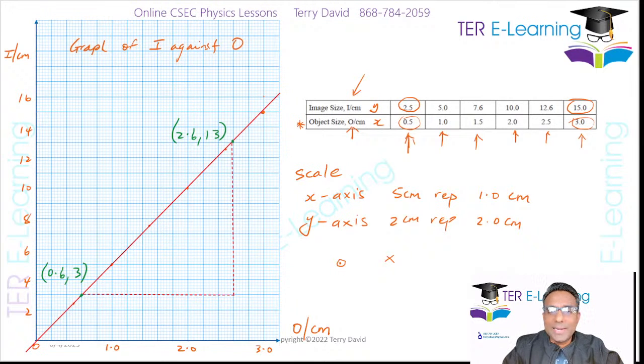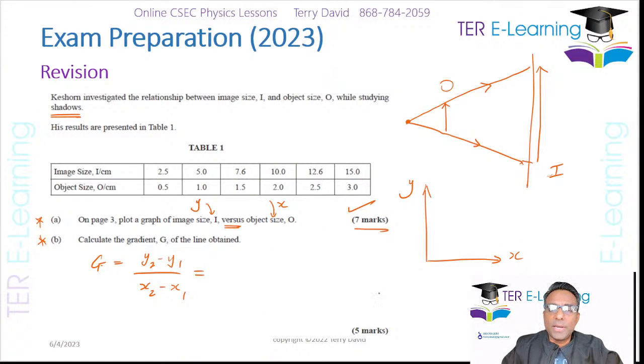So the 2 points that I have here are 0.6 and 3. Right, so we have 0.6 and we have 3, right?